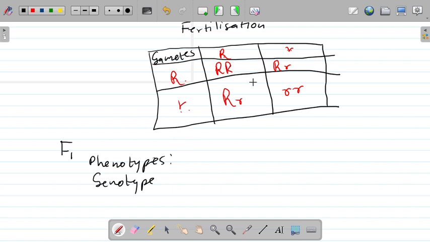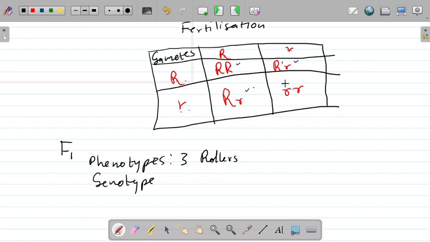Out of 1, 2, 3, and 4, how many of them are rollers? Remember, they need to have at least one allele for rolling. So 1 is a roller, 2, 3. 3 of them are rollers.